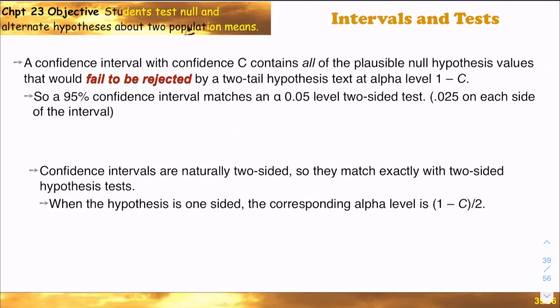A confidence interval with confidence C contains all the plausible null hypothesis values that we would fail to reject by a two-tail hypothesis test at an alpha level of 1 minus C. Again, if we have a two-tailed test, our alpha level is 1 minus C. So a 95% confidence interval matches an alpha of 0.05 with a two-sided test.